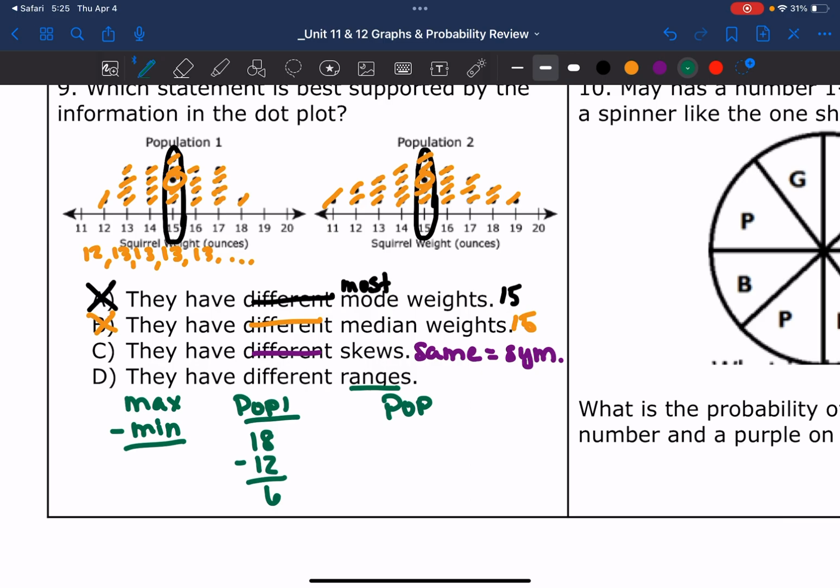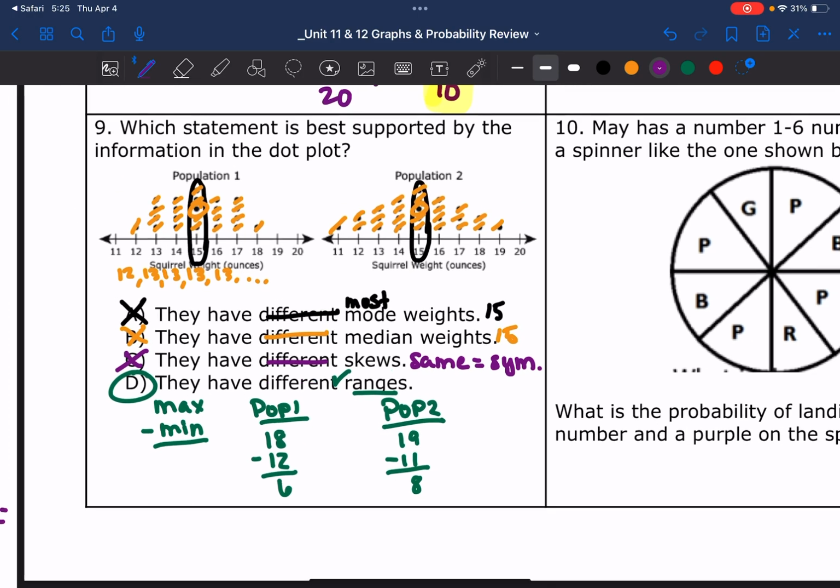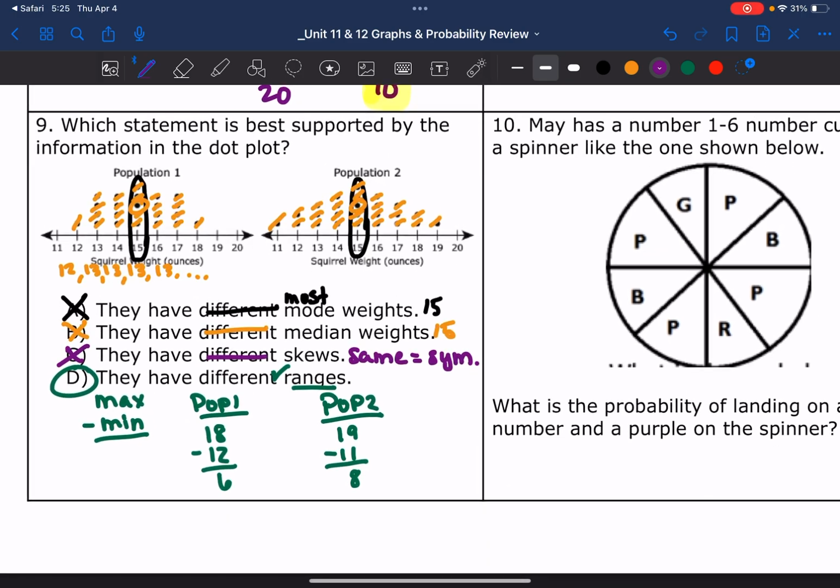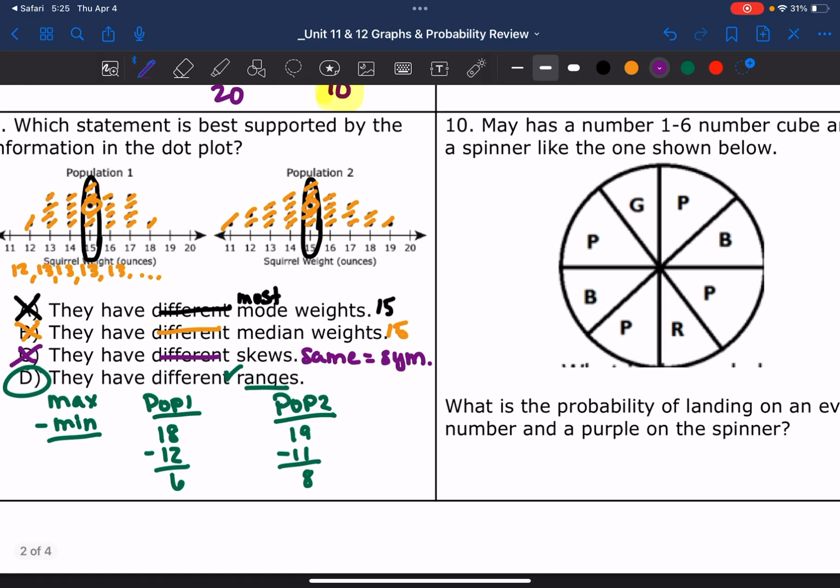Population 2 is going to be 19 minus 11. That is going to be 8. They do have different skews. This is correct. So that means that yes, it is answer choice D. The others did not work. Okay. All right. Pause if you need to. I'm going to go ahead and move on to number 10.